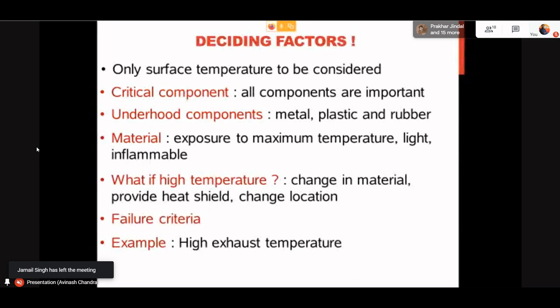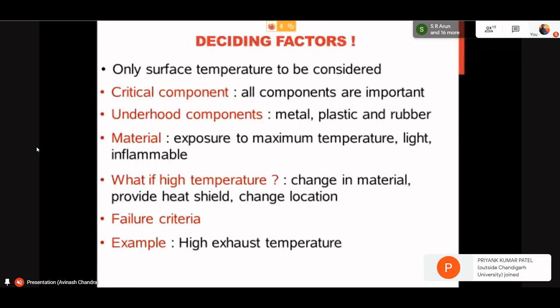If you see here, the whole exhaust is open from the front to the rear. Now from here to here, it is properly safe.